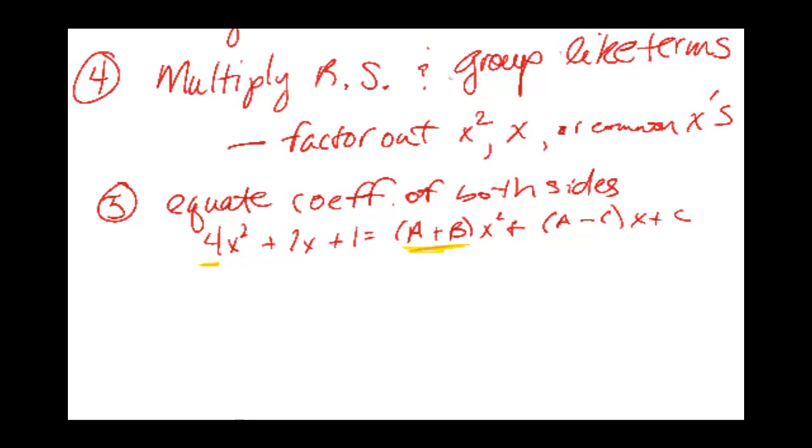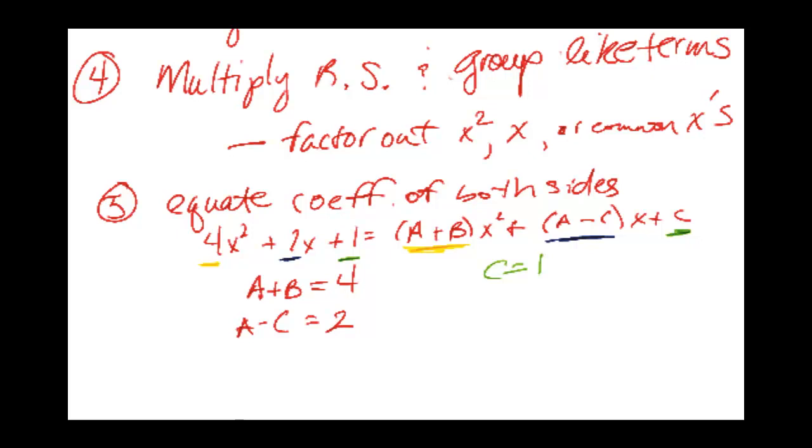So what that would mean is that if the equal sign has any validity to it, a plus b must equal 4. And if I look over here, 2 and a minus c must equal each other. And then finally, if I look here, c equals 1.